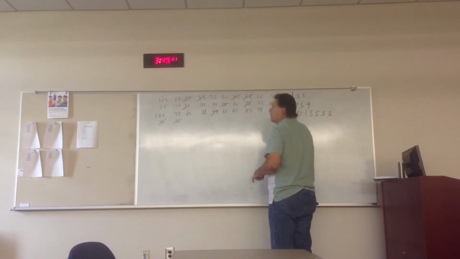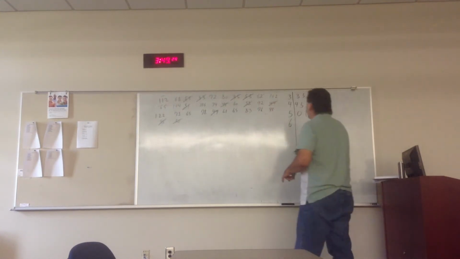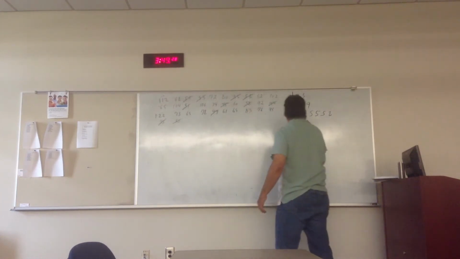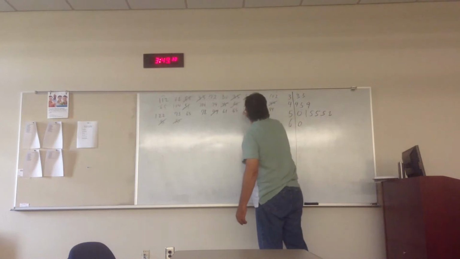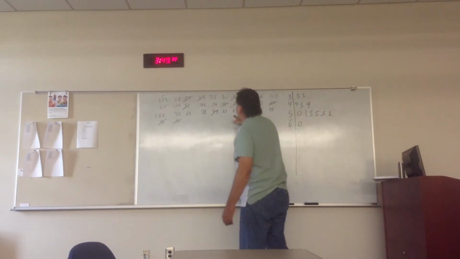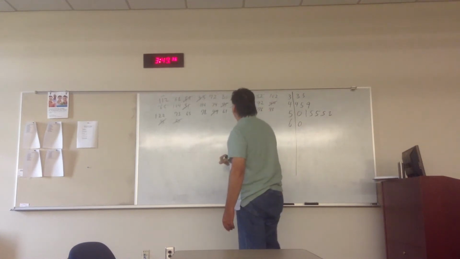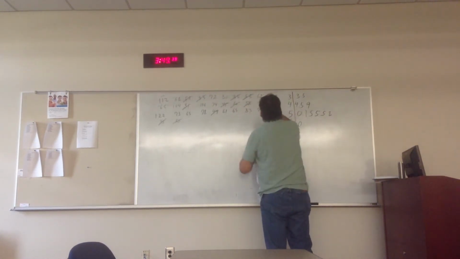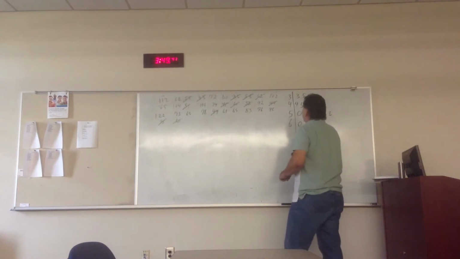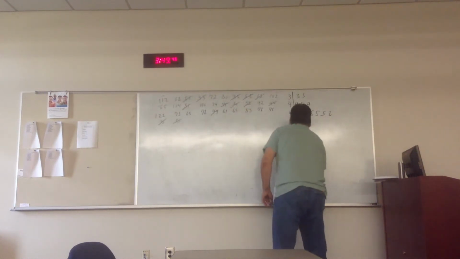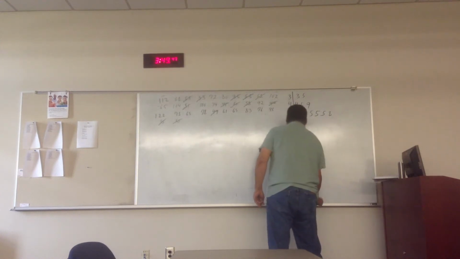So I've got a 6 as my stem, and then I'm going to go on and find all my 60 values. So I got a 60. It looks like I got a 62 here, 65s. So I'll start off with my 62, cross that off, and whoops, I missed one. I have a 61.